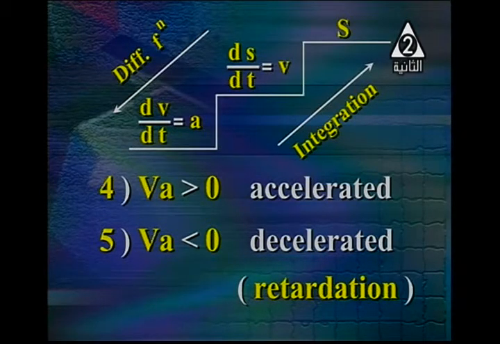Dear student, we have two motions, accelerated and decelerated. Accelerated motion is when the product of the velocity and the acceleration is more than 0, or positive. Decelerated means v times a is smaller than 0.